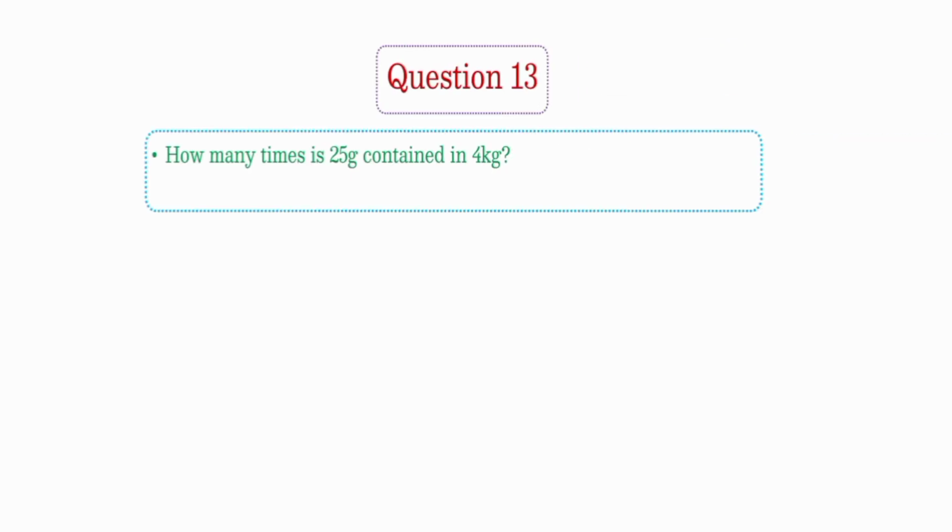Question number 13 is, how many times is 25 grams contained in 4 kilograms? To find the answer to this question, first you need to know what 4 kilograms equals if we convert it into grams. Obviously, 4 kilograms, what is it equal to in grams?